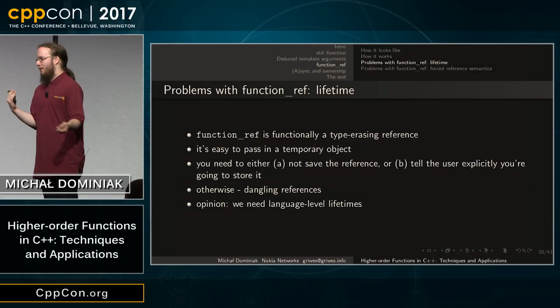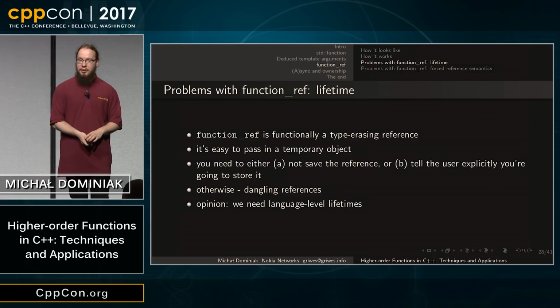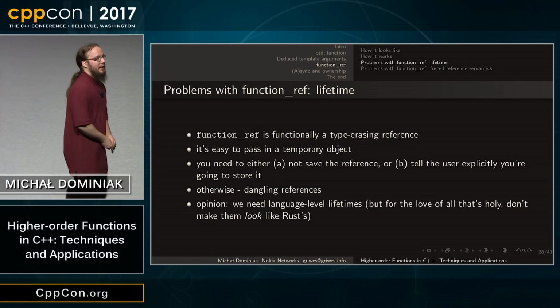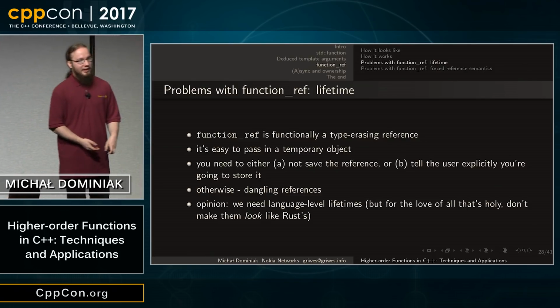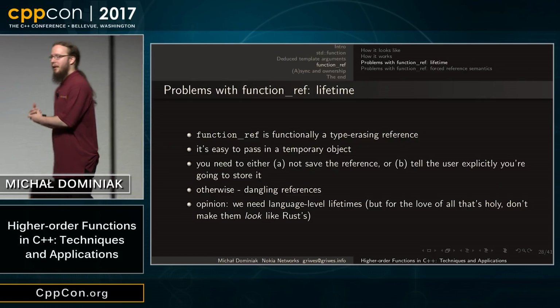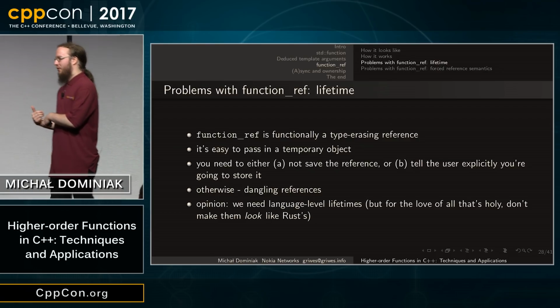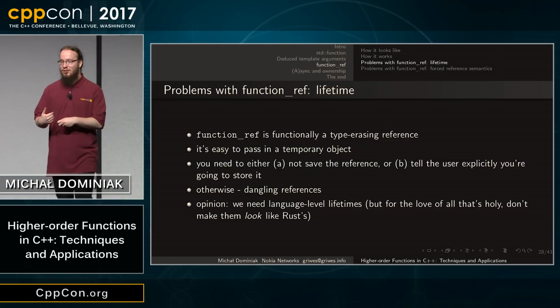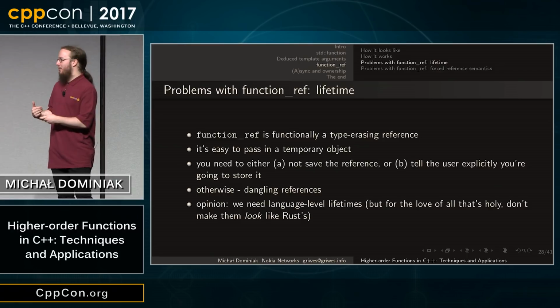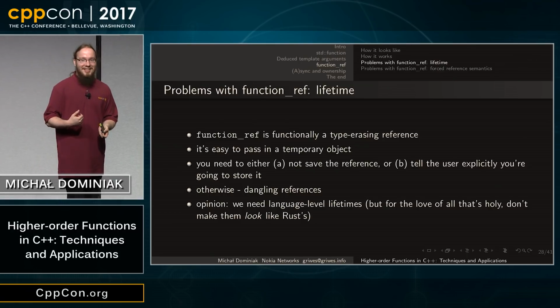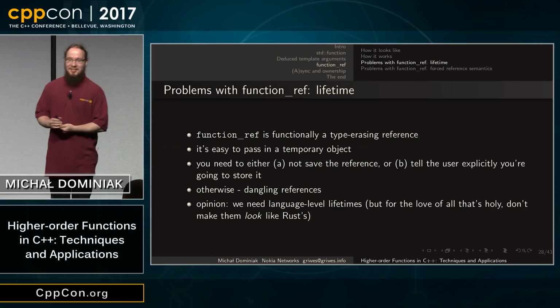This would, of course, be optional, right? But I think we need this stuff. But please, please, please make it look slightly better and in general, be more manageable than in Rust. Because Rust lifetimes, I don't know how many of you had the pleasure of working with them, are not very great.